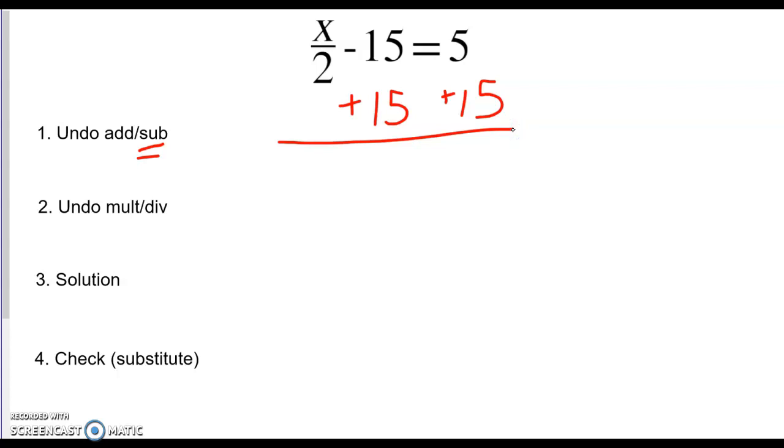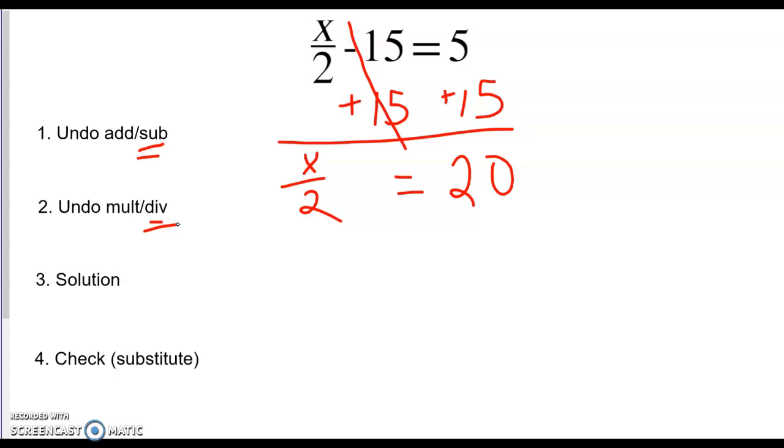All right, minus 15 plus 15, that's going to cancel out. So I'm going to bring down my x divided by 2 equals 5 plus 15 is 20. All right, now I'm going to undo the division by multiplying, and I'm going to show it this way.